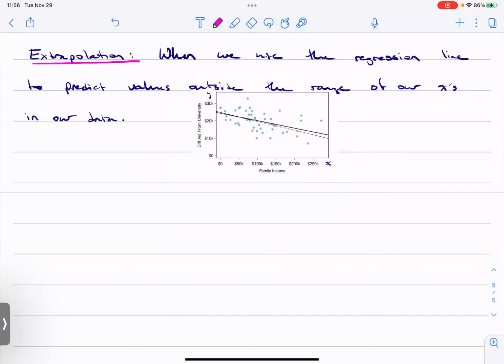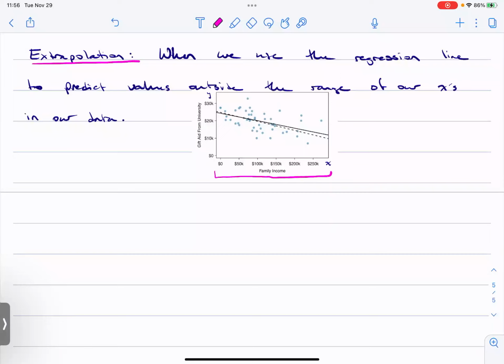Okay. So I've got the scatter plot. It's the same one that we've had before. So here, the range of our x's. And if you're from a mathematical background, saying the range of x is probably a little bit gut punchy, because the range is usually for our y's. But I just mean it in the sense of from the minimum to the maximum of our x's.